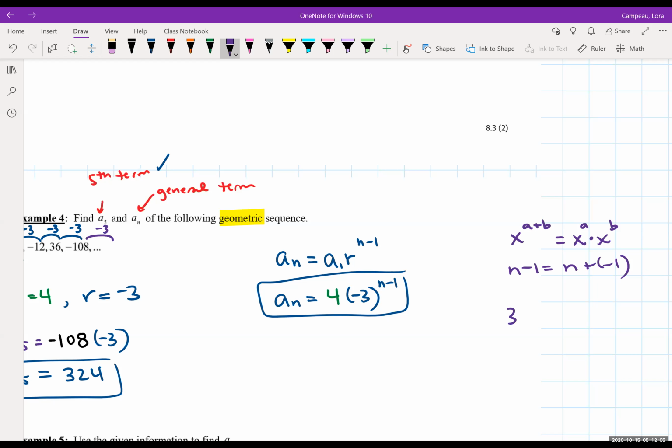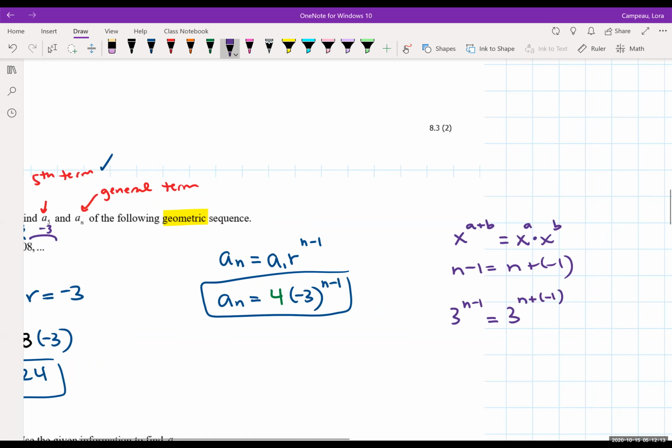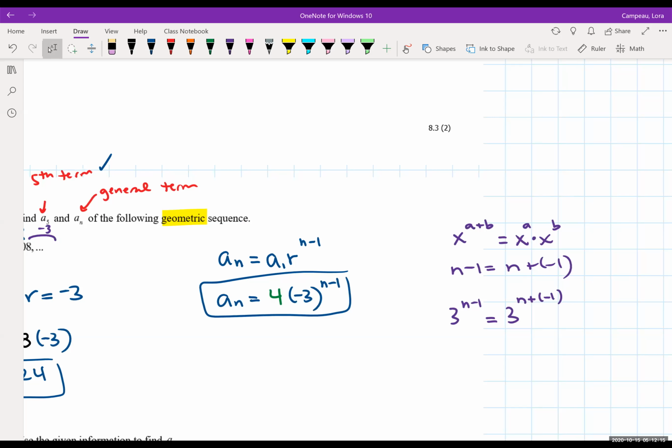So technically, look at this with me. We have 3 to the n minus 1 can be the same thing as 3 to the n plus negative 1. And the little laws of exponents help us out here, that can be rewritten as 3 to the n times 3 to the negative 1.